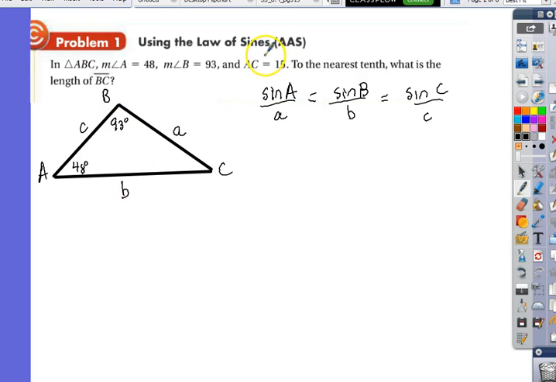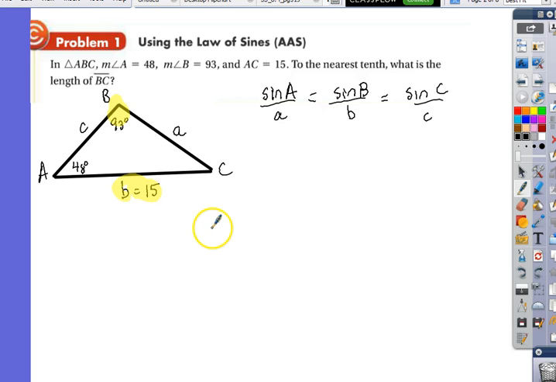And I know that the length of AC is 15. Well, AC is the same as what? b. So because I have the information from both angle B and side b, I will definitely be using that ratio in finding my answers.